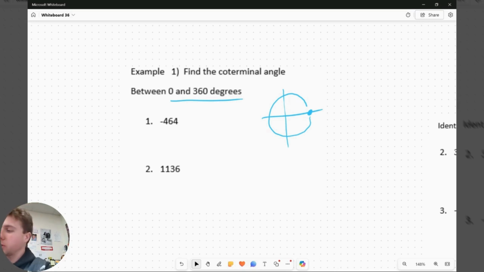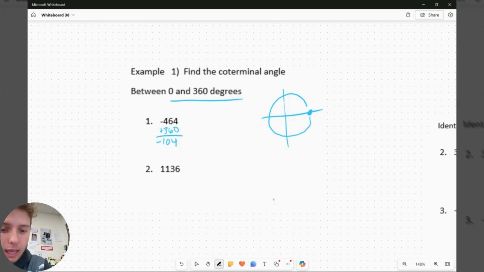If I want to go negative 464, how much further past 360 do I have to go? I could add 360 to this value to see how much further past a full circle I need. In this case, it's negative 104 degrees.